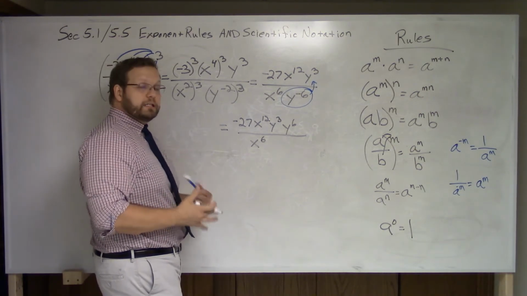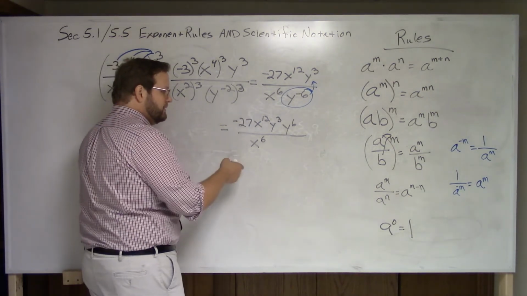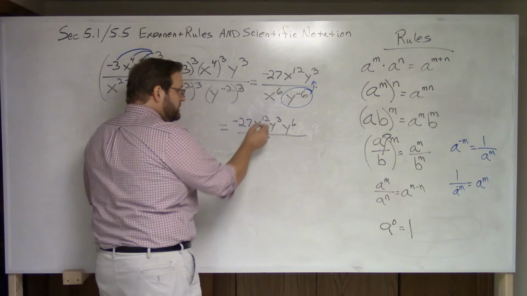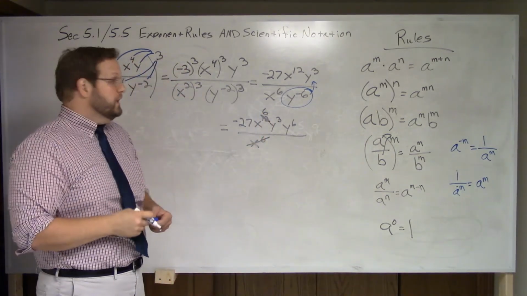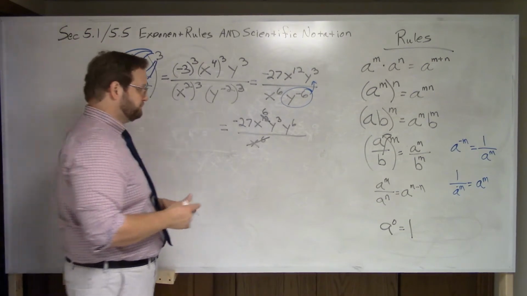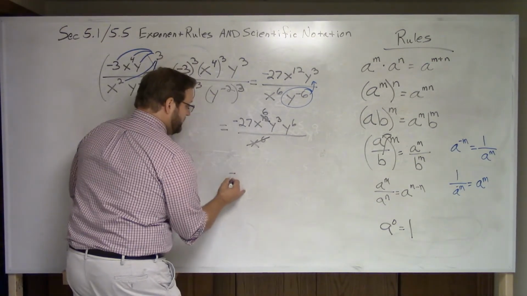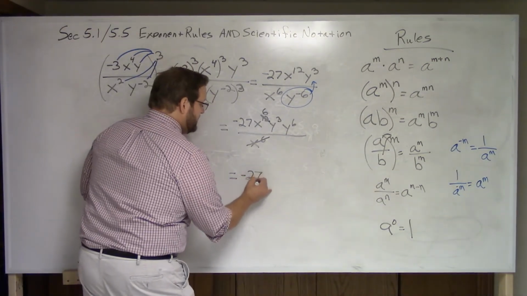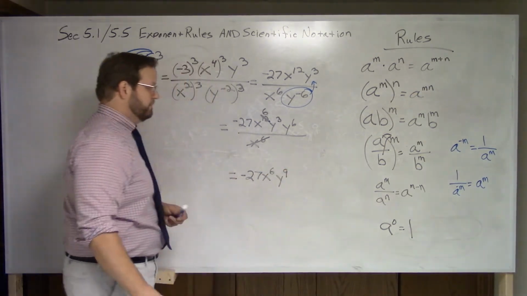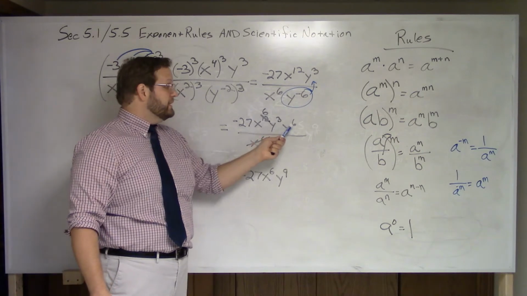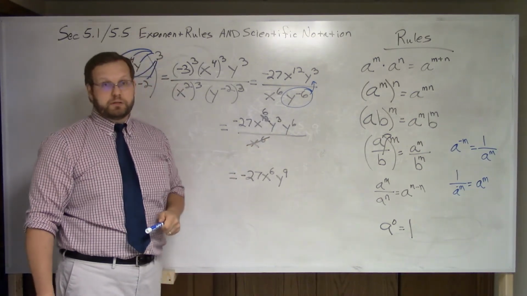The only thing that's going to be doing battle are those x's. 6 will lose, 6 are left, because 12 minus the 6 gives you that 6, okay? And then, all together, I have -27 x to the 6th, y to the 9th. I get the 9th because I combine these by adding the exponents.